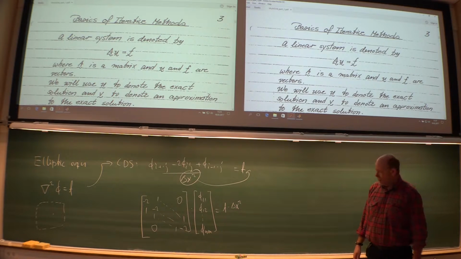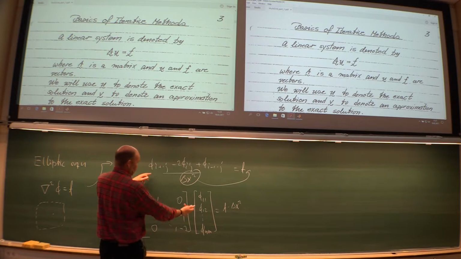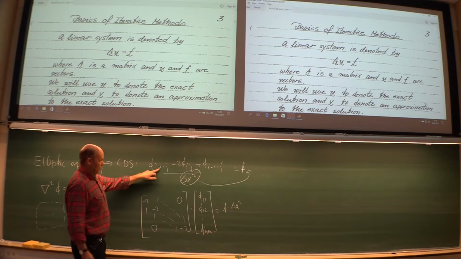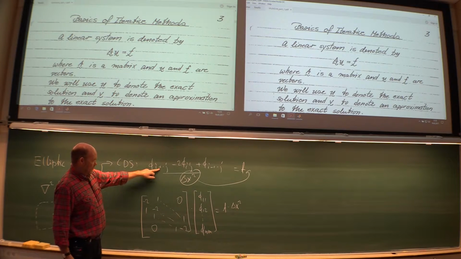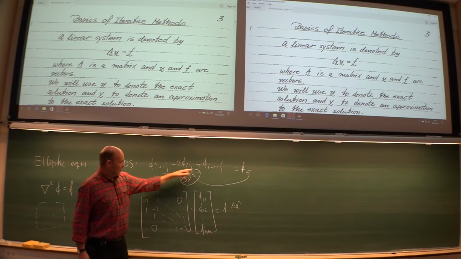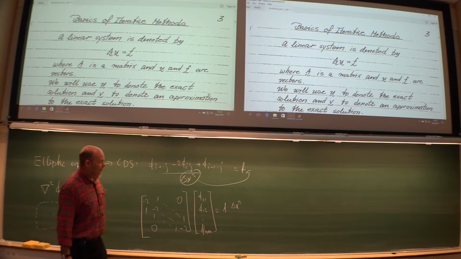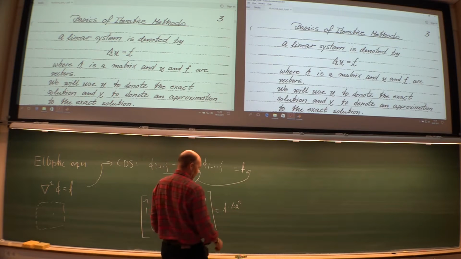If you want to take the boundary conditions into account, say for the first one, or actually this one, it will go outside the matrix. So of course it must then be known, then it will turn up here.